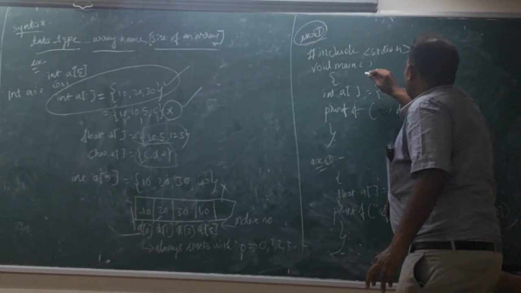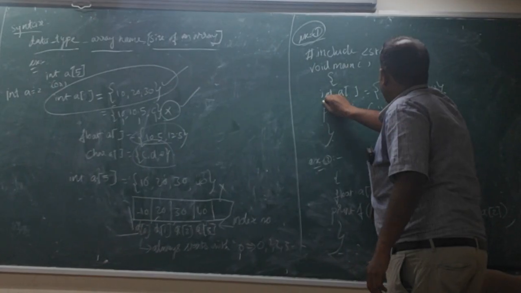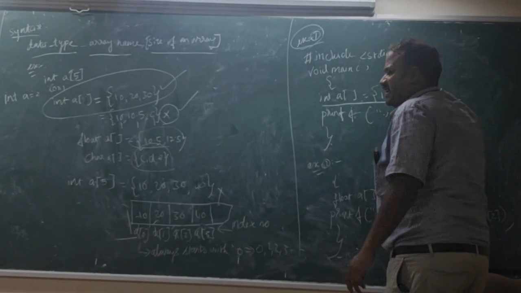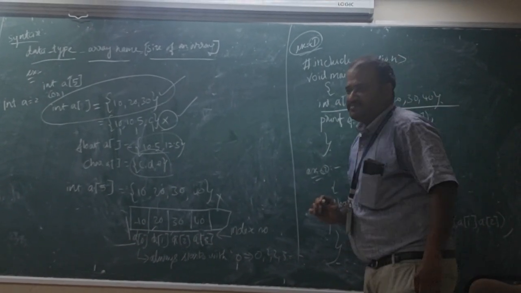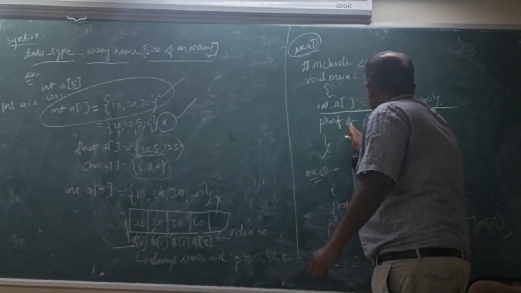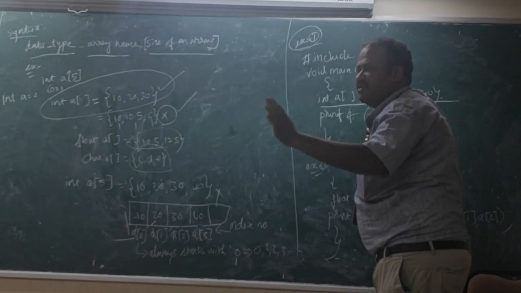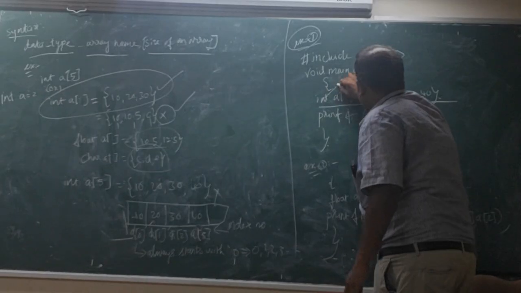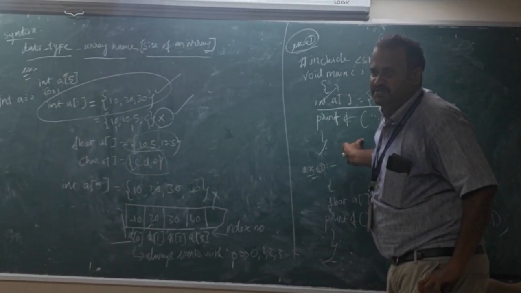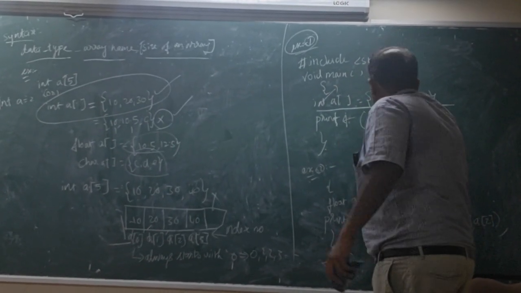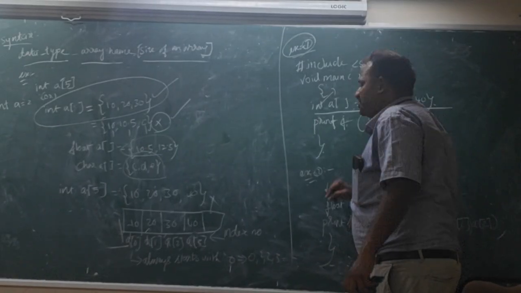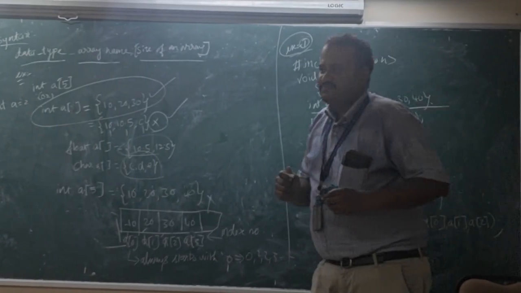Example 1, up to this part: int a of 10, 20, 30, 40. Then printf, a normal C program. If you want to print an integer, you have to use the format specifier percentage d, comma a of 0. So what is your answer?